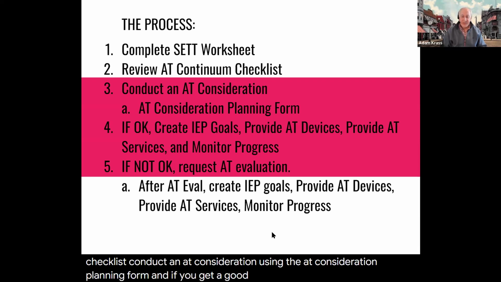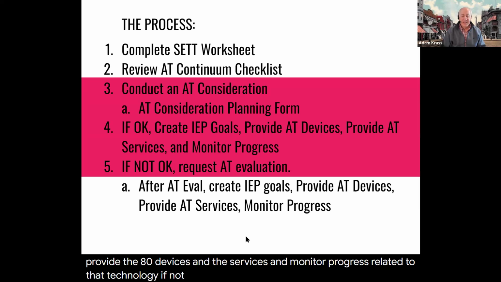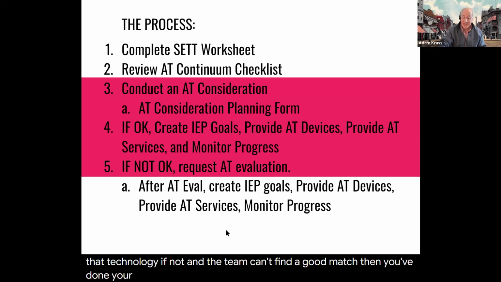And if you get a good result, you can create IEP goals and provide the AT devices and the services and monitor progress related to that technology. If not, and the team can't find a good match, then you've done your due diligence and it's time to consider an AT evaluation.